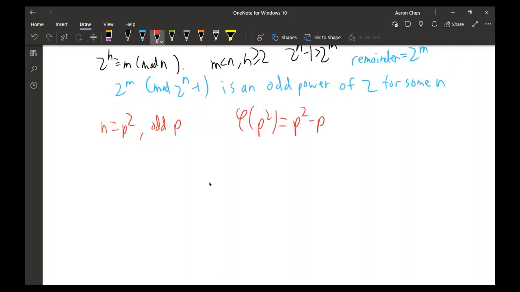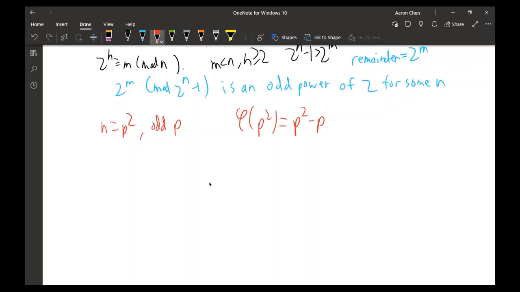That's just because of one of the definitions of the function. Or you can just use the fact that the only numbers that are not relatively prime to p squared are the multiples of p, and there are obviously p multiples of p from 1 to p squared.